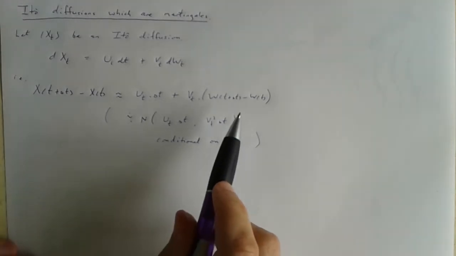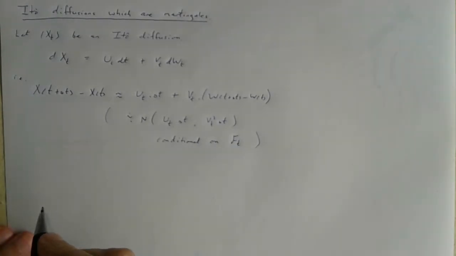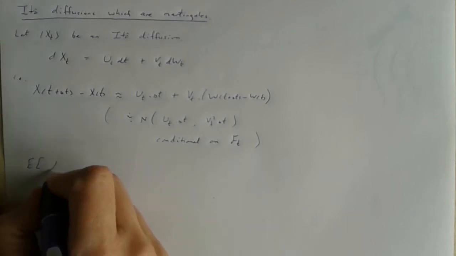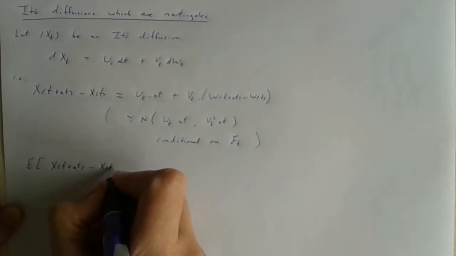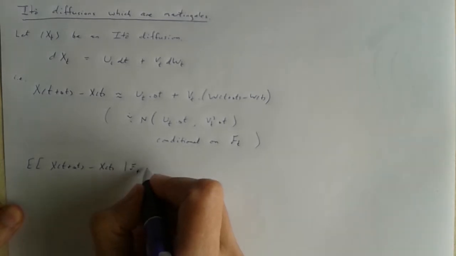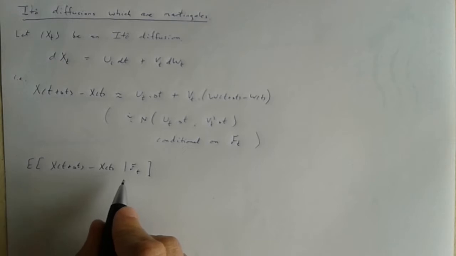Okay, well now we've got it written down this way, you can kind of see what it would take to make it a martingale. That is, what would it take for that increment, conditional on ft, to have expectation, what does this need to be for a martingale? It needs to be 0.